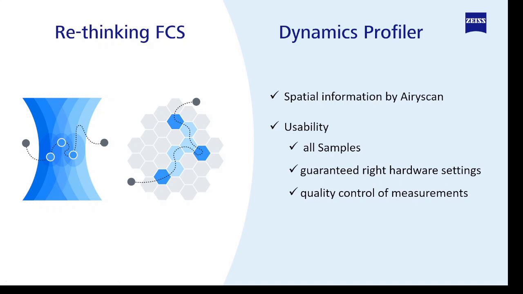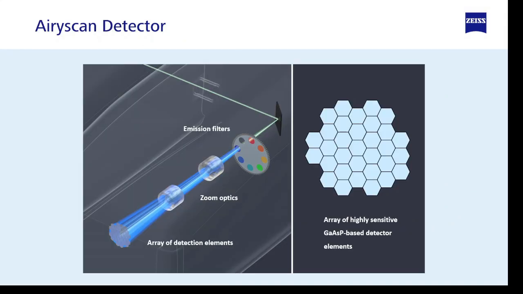We wanted to have quality control of the measurement, orientation within the cell, and less complexity. So we launched the new function of the Dynamics Profiler. The Dynamics Profiler uses the Airyscan detector to do the FCS.